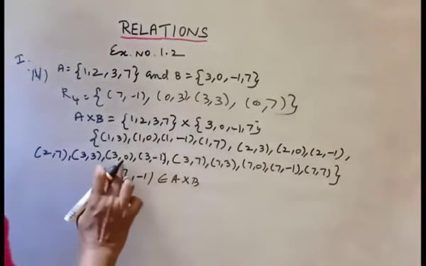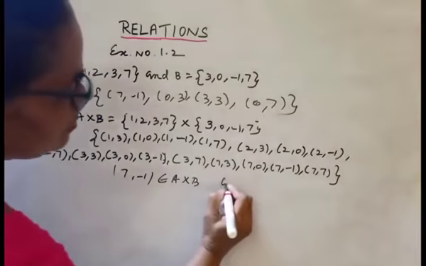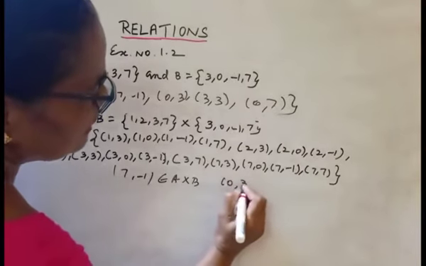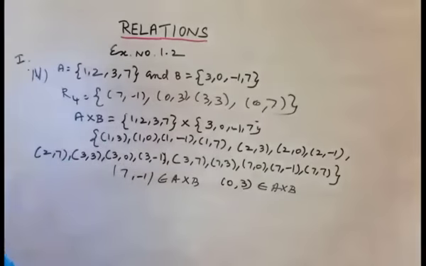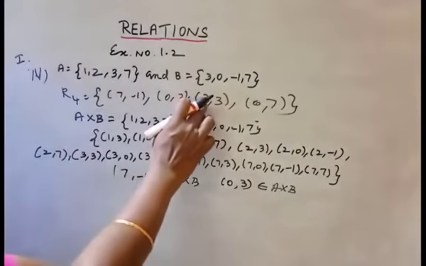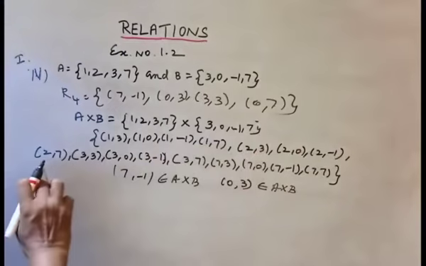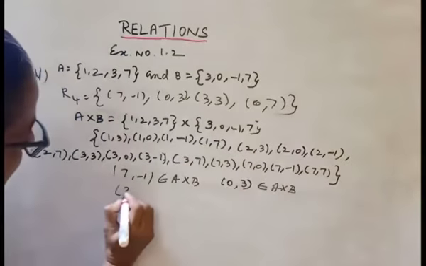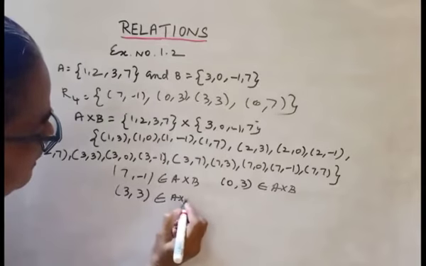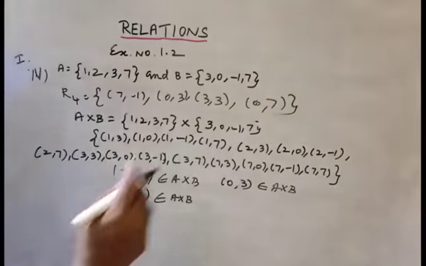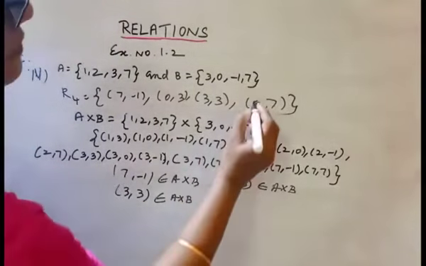No, only (3, 0) is there. So (0, 3) does not belong to A cross B. Next (3, 3). (3, 3) is there, so (3, 3) belongs to A cross B. Next (0, 7).